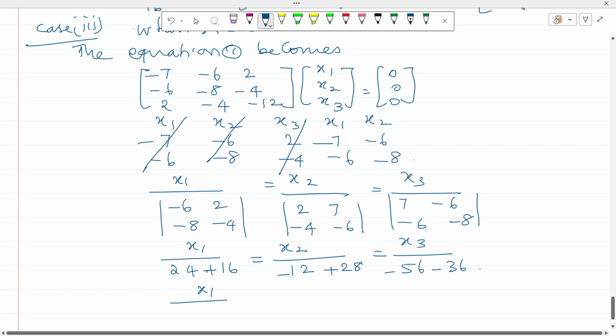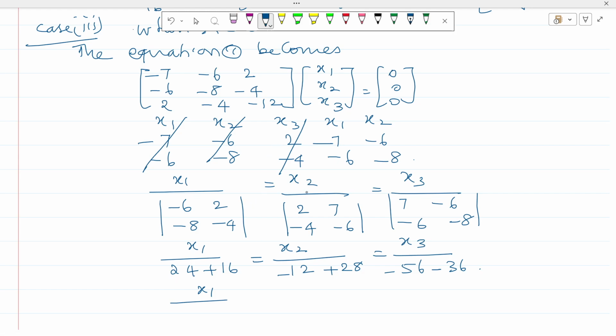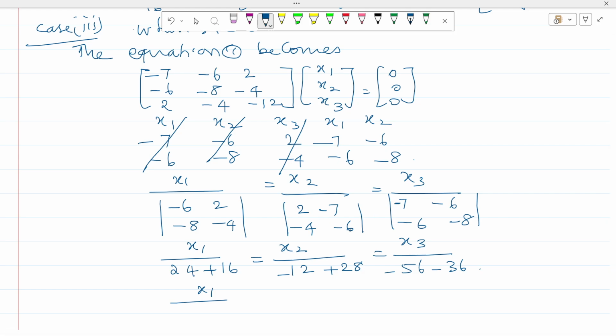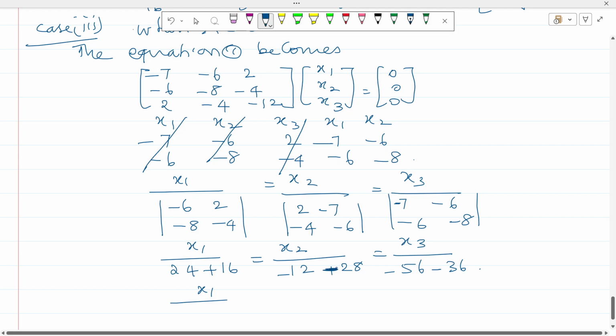So the first one is correct, but in the second one here it is minus 7, and in the third one here minus 7. So 2 into 6 is 12, minus 12 minus 28. Okay, minus 28. Then the last one is plus 56 minus 36.